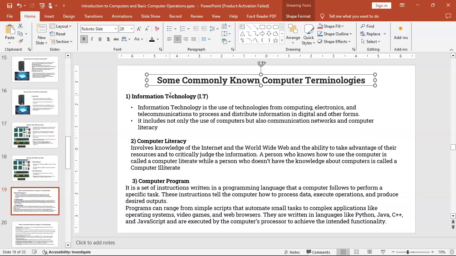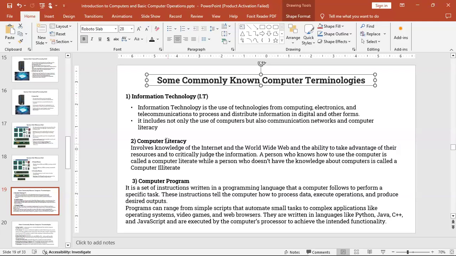Anything that enables us to distribute information is called information technology. Anything that enables us to process information is called information technology. So it's not only limited to computers. Your phone that you use to communicate with your friend or your colleague falls under the scope of information technology because you use it to distribute and to connect with other people.